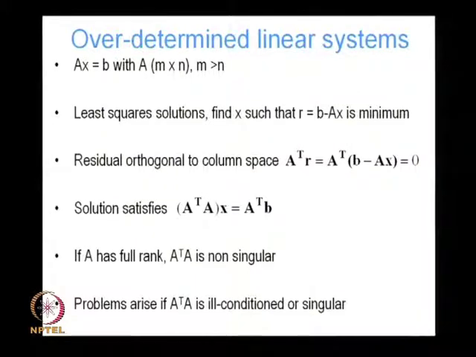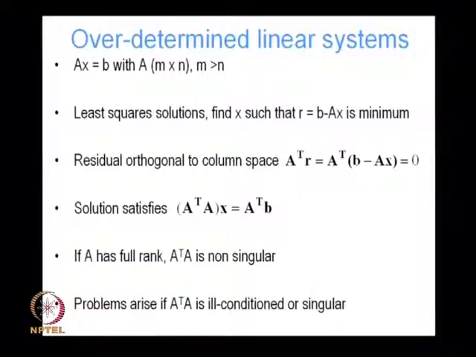And we also recall that if we minimize the L2 norm of the residual, we find an x, and we also find a residual which is equal to b minus Ax, and the residual is orthogonal to the vector space spanned by the column vectors of A, or A transpose r is equal to 0, right.